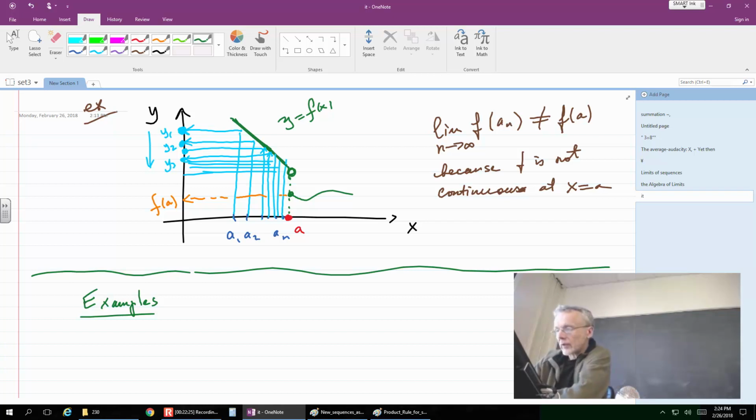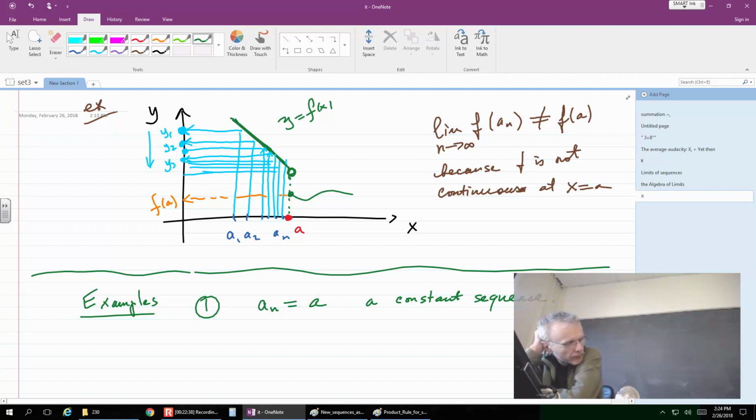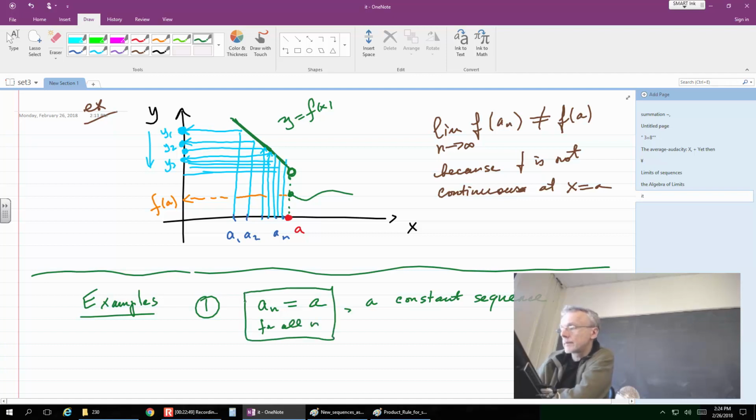Example number one is very simple: An is equal to a constant sequence. Literally, it is just the same number a repeated on and on again, as you can see. So An is equal to a for all n. It is a very simple one, but still you have to be specific and say what the limit is.